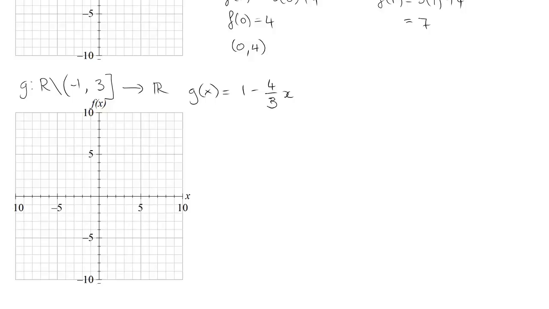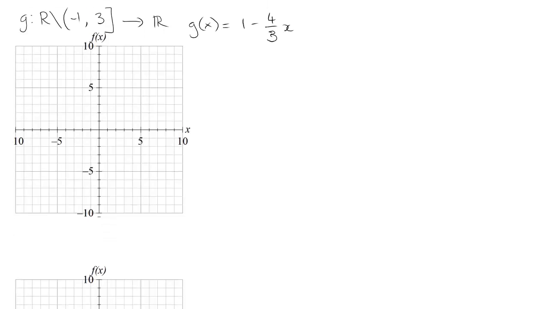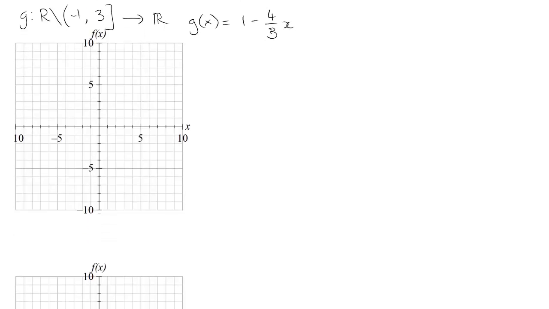Okay, so once again, we've got a particular domain which we're going to have to restrict towards, and our domain in this case is looking at all real numbers except the region between -1 and 3.